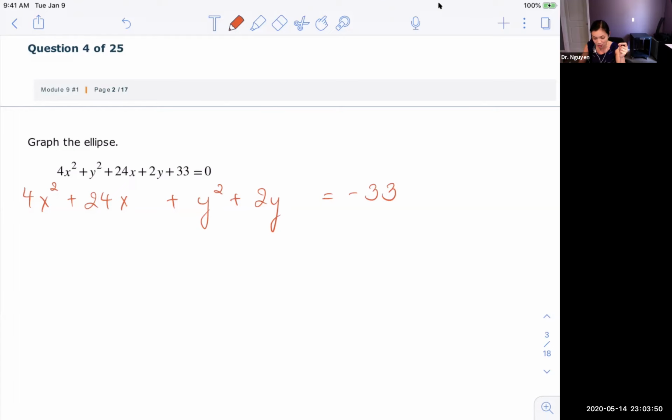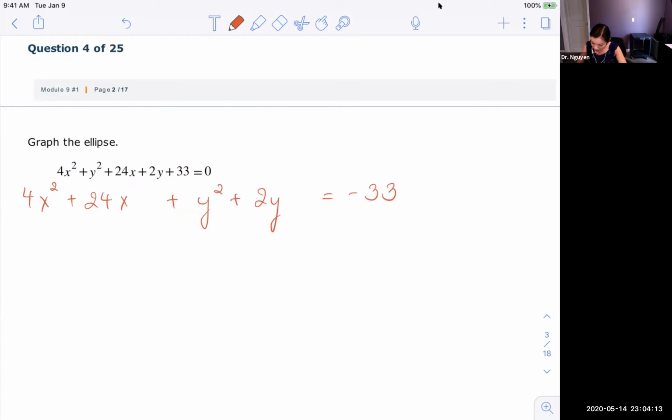However, you're not just adding 9 because of that 4. So in fact, you're adding 4 times 9, which is 36. Okay. For this one, you're just adding 1 because 2 divided by 2 squared, you're just adding 1. So I'm just going to add 1 here. Okay.